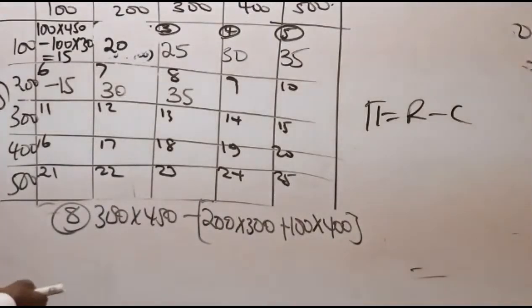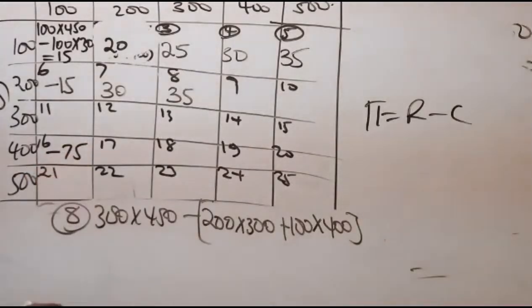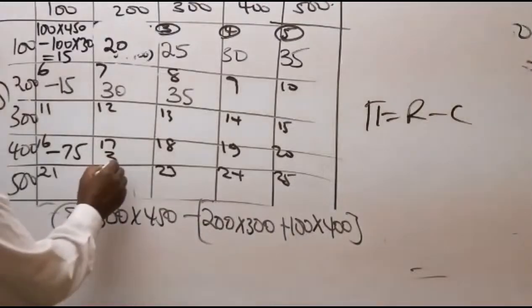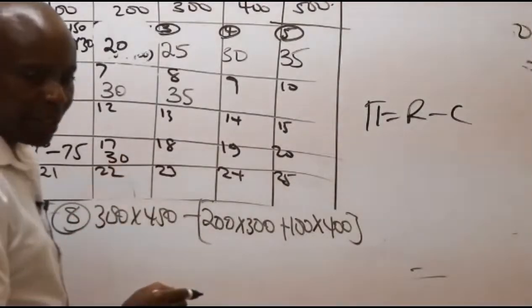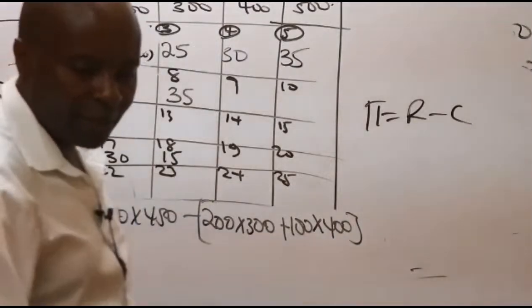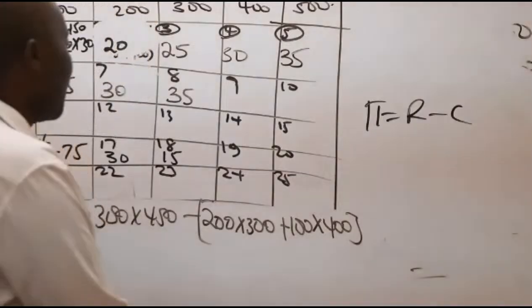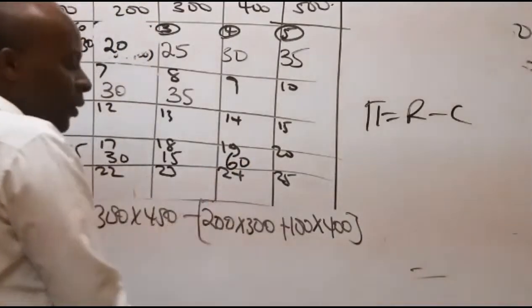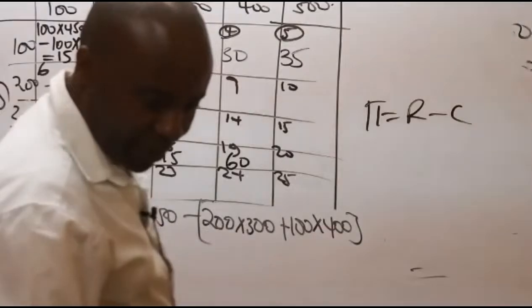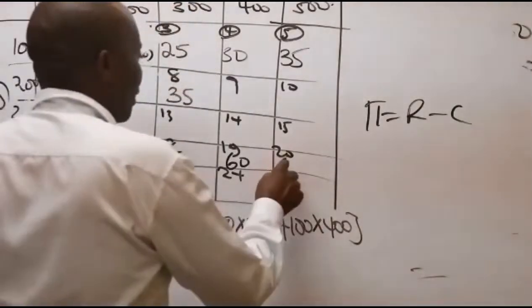So cell number 16, they're telling me it is negative 75, right? 17 is 30. 18 is 15. 19 is 60. 20, cell number 20, 65, that is Lokai now.